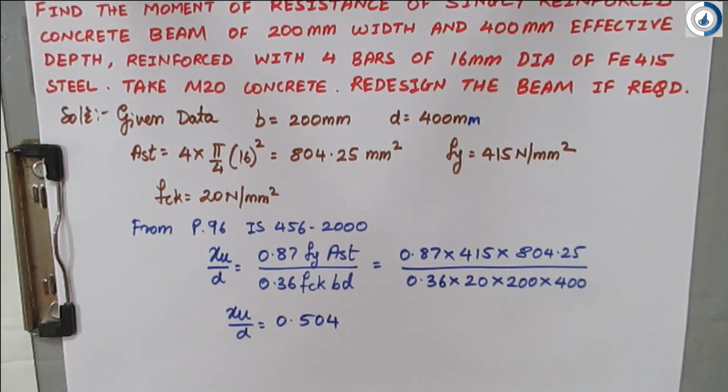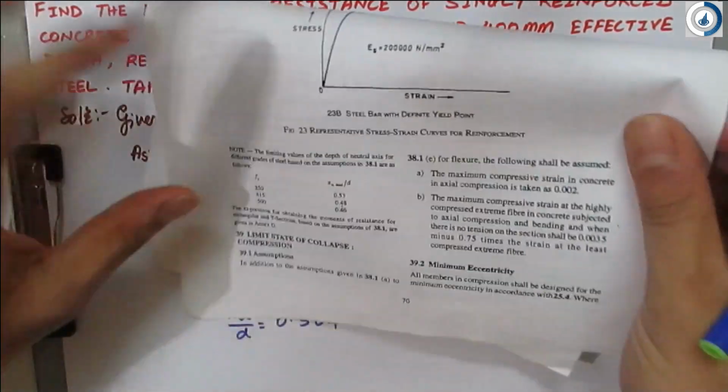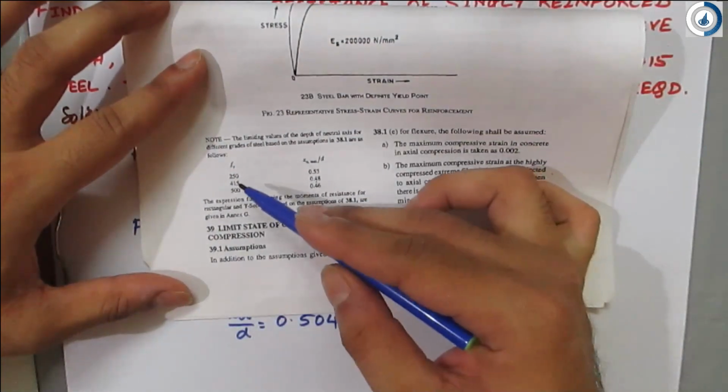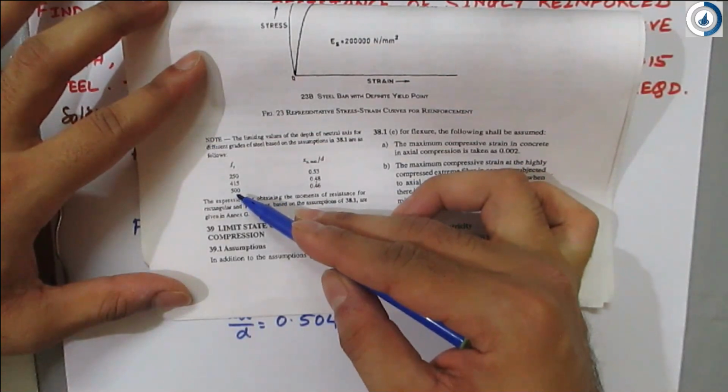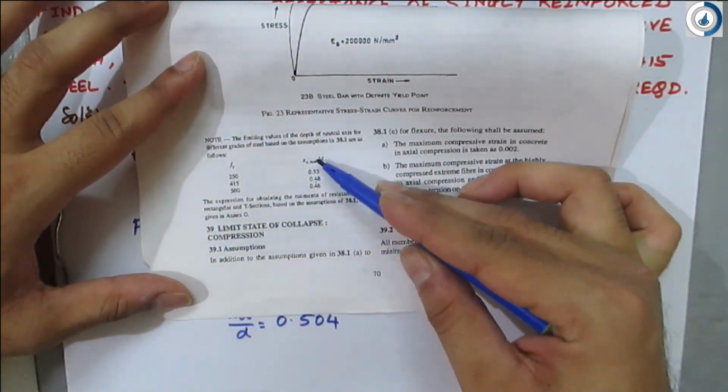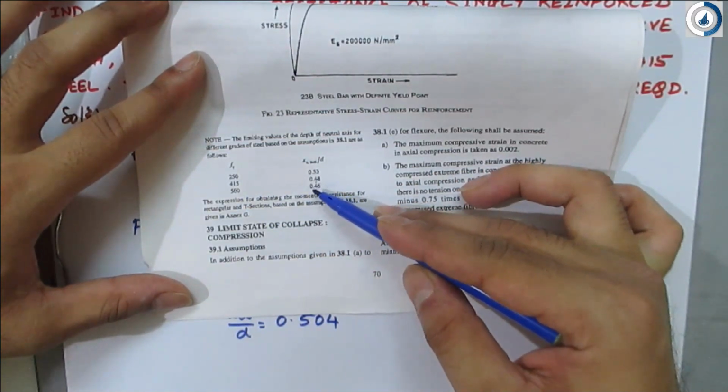Again, as in my previous videos, we go to page number 70 of IS 456 2000 and get the value of xu max by d. These are the values. We are using Fe415 steel, so for 415 the xu max by d value is 0.48.